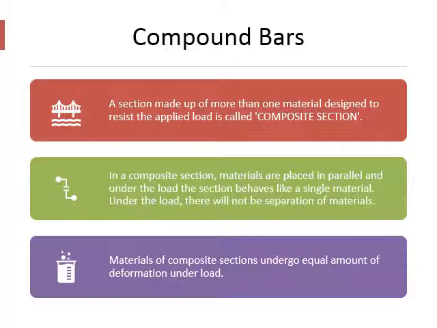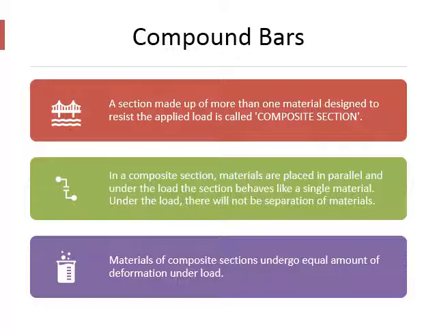So now when a composite section is given to you, that is a section or member made up of more than one material, such a bar or section is called a composite section or a compound bar. So a compound bar is the member which is made up of more than one material. In this composite section, materials are placed in parallel, and under the load the section behaves like a single material.